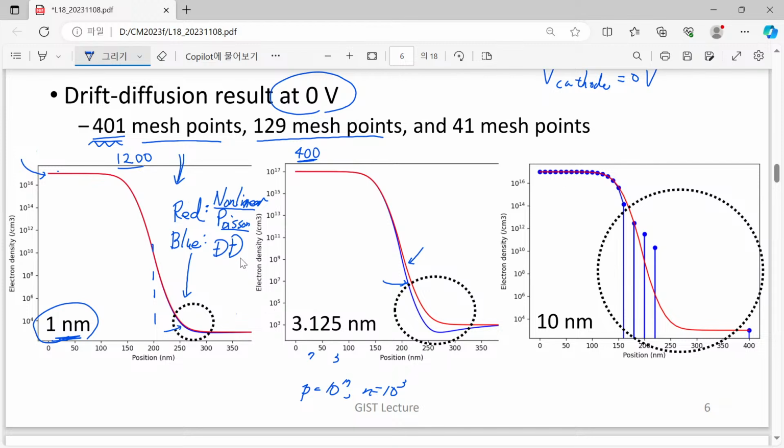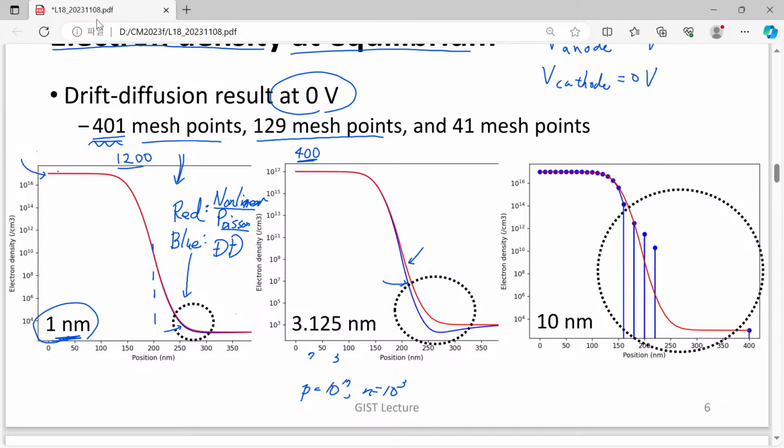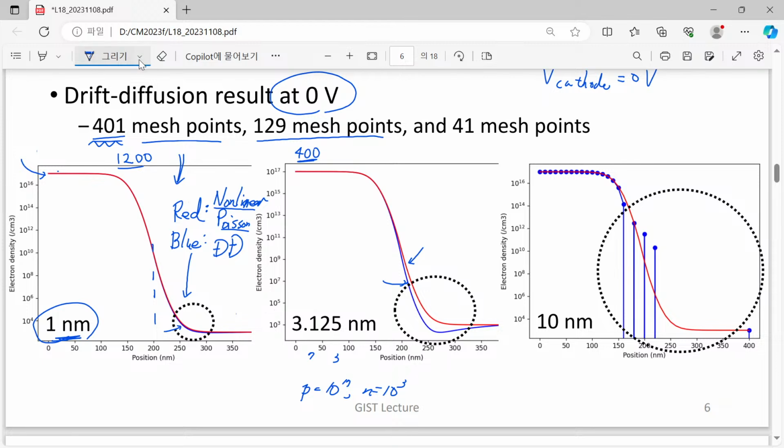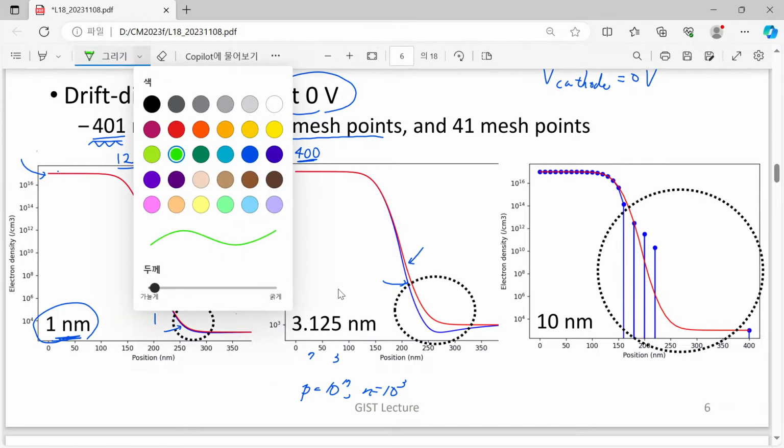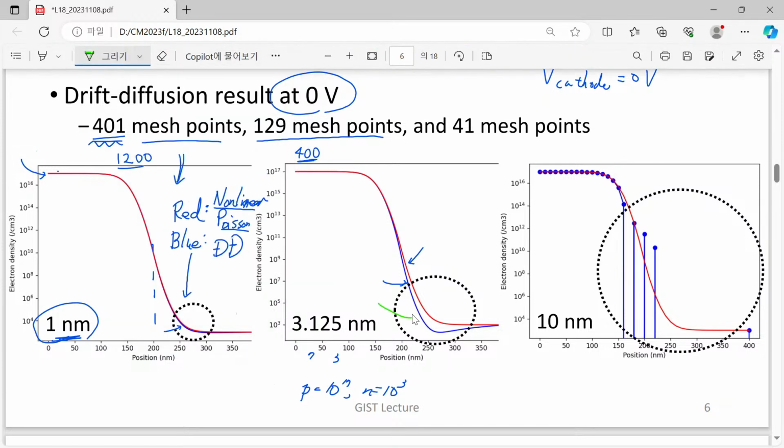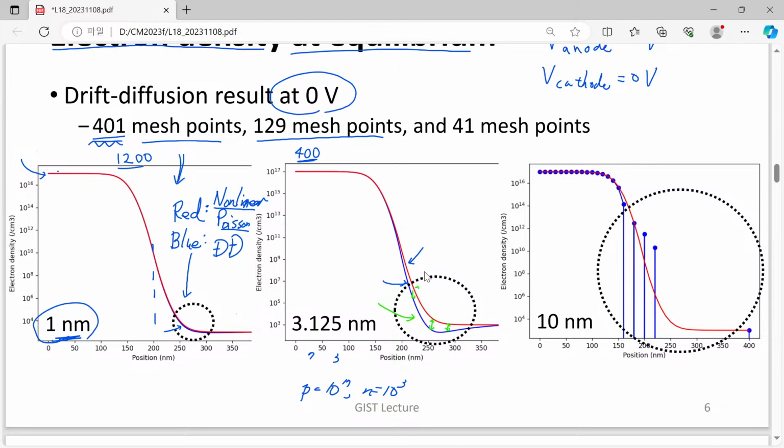But what is your opinion about the blue curve? Do you think it is acceptable or not? Now you can see there really occur meaningful and visible differences between your nonlinear Poisson equation and your drift diffusion model.